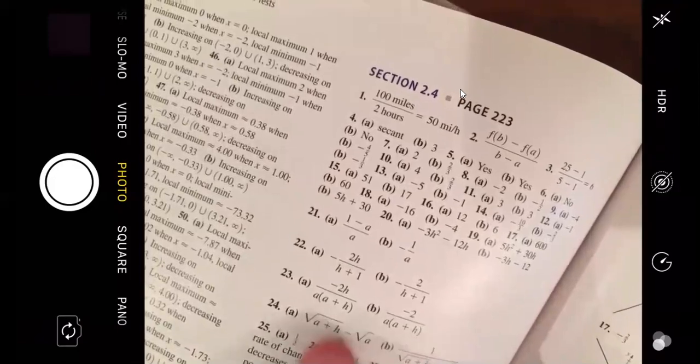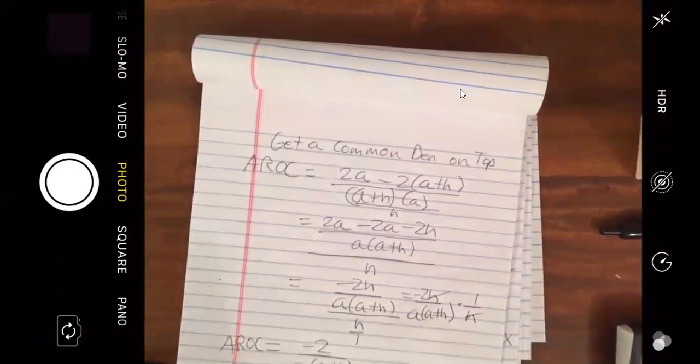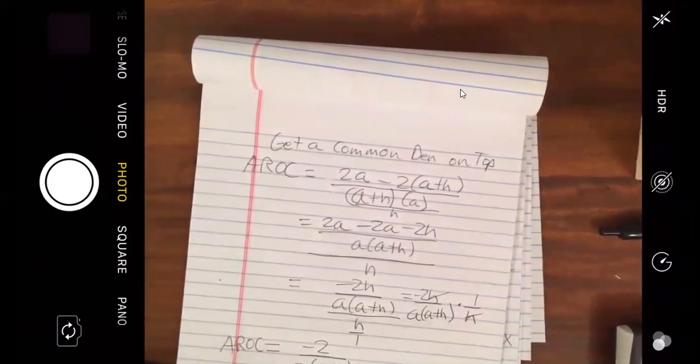I didn't simplify part A. I just left it alone, separate. You can see how much work it is to simplify it.